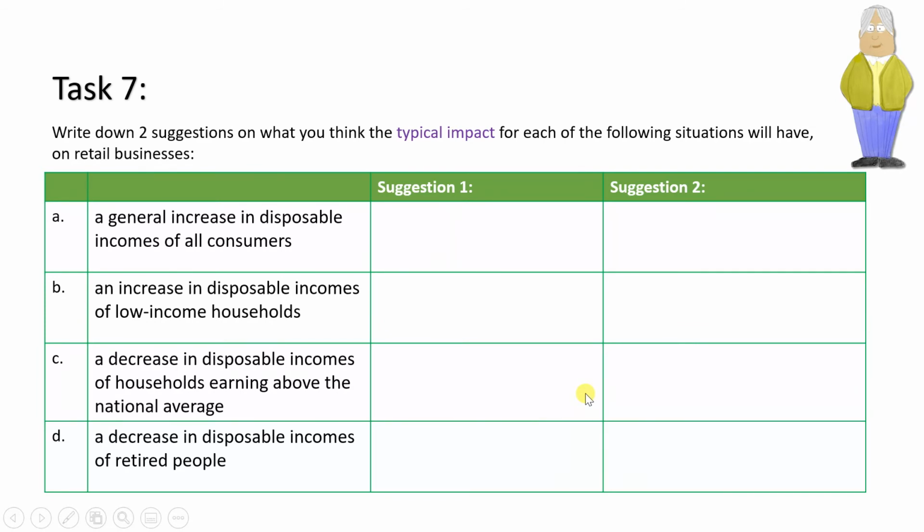And lastly, row D, a decrease in disposable income of retired people. So that's the nans, the grandpas, the granddads, and all the retired people. If they had a decrease in their disposable income, 2 thoughts on what would happen to them in terms of retail businesses.